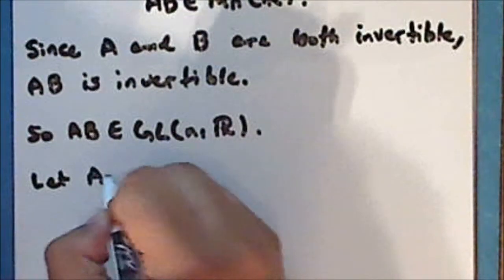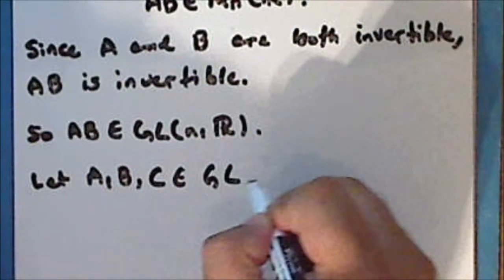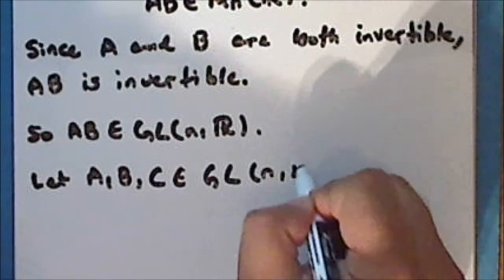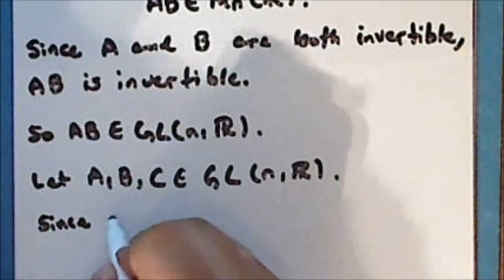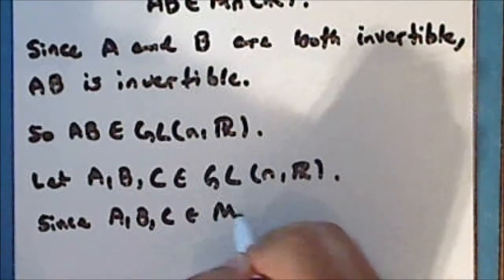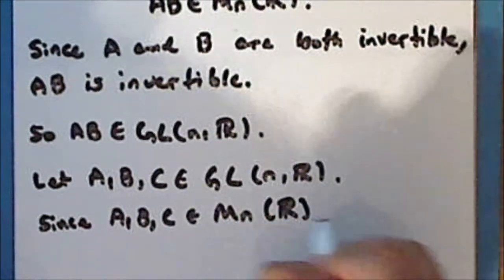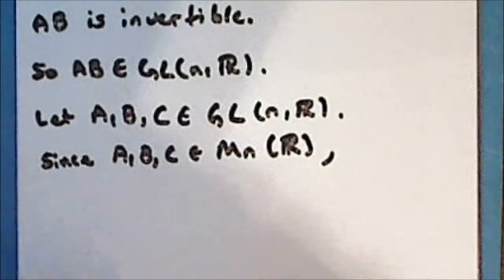Now let A, B, and C be three matrices in this set. Then since A, B, and C are square matrices of order n, they are conformal, and so their product is defined.